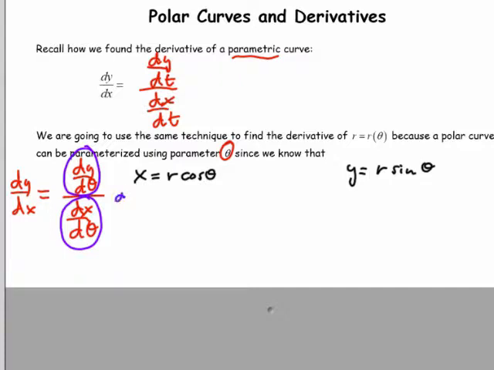So if we do that, we're going to get dx/d theta equals, and I'm going to need to apply the product rule here with respect to theta. So the derivative of r would be dr/d theta times cosine theta plus r times the derivative of cos, which is negative sine.